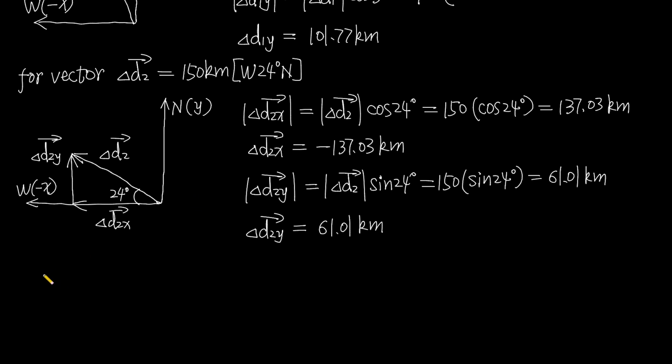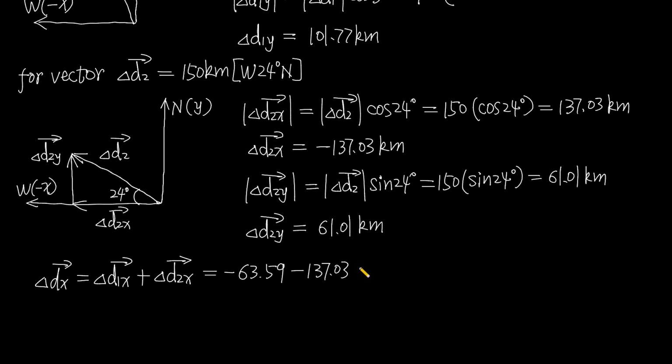Now we can get that the vector delta dx just equals the vector delta d1x plus the vector delta d2x. And this equals negative 63.59 plus negative 137.03. And this equals negative 200.62 kilometers.